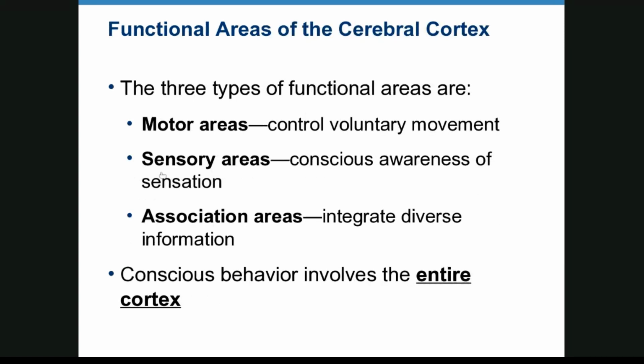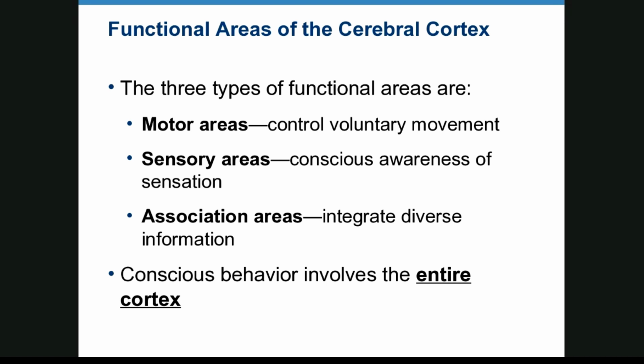Functionally, we can divide this into motor areas that control voluntary movement, sensory areas that are consciously aware of the sensation, and then association areas that integrate all this sensation that comes in and makes a decision what to do with it. But conscious behavior involves the entire cerebral cortex.